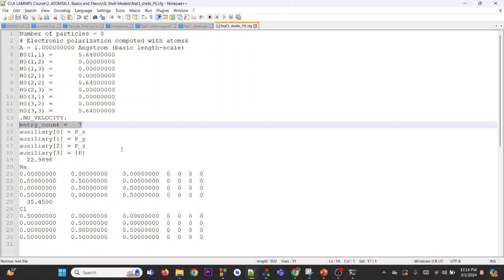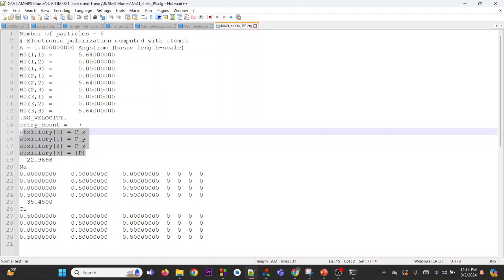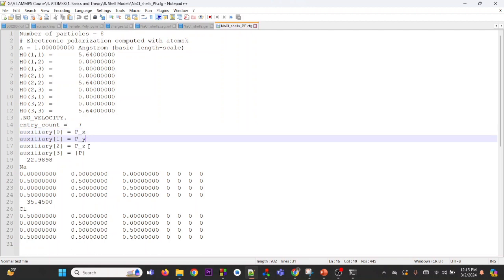Then you will see that there is the auxiliary 0, which means the auxiliary properties are Px, capital Px meaning the polarization in the x direction, similarly the polarization along the y and z direction, along with the overall polarization and the absolute value.